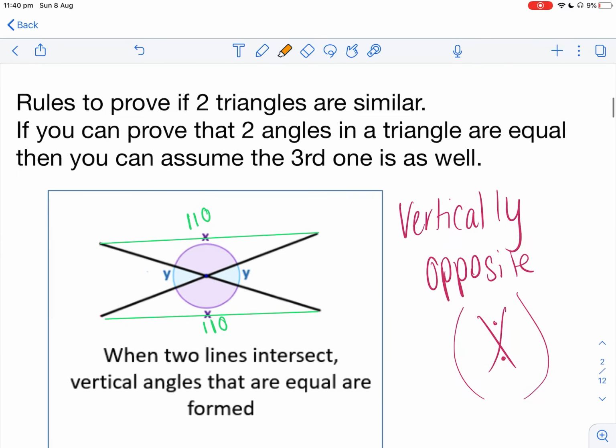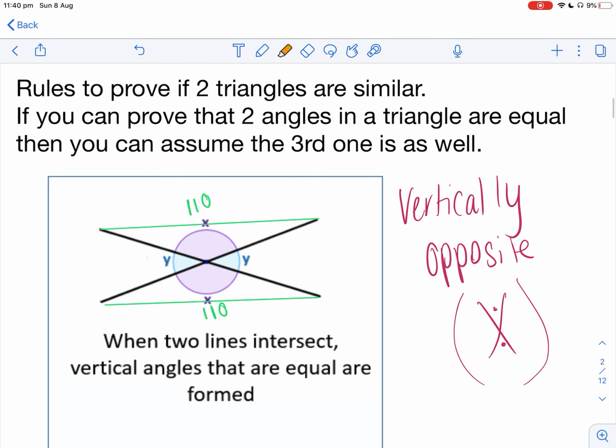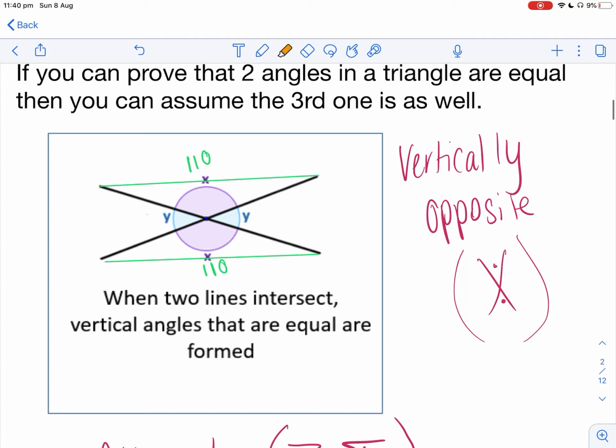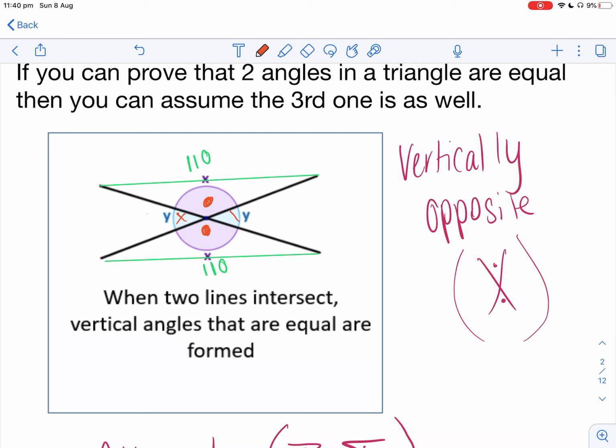So there are different rules you can use to prove if 2 angles in two triangles are similar. The first one is vertically opposite. That just means that this angle here and this angle here would be the same because they're vertically opposite. And also this one would be vertically opposite to this one.